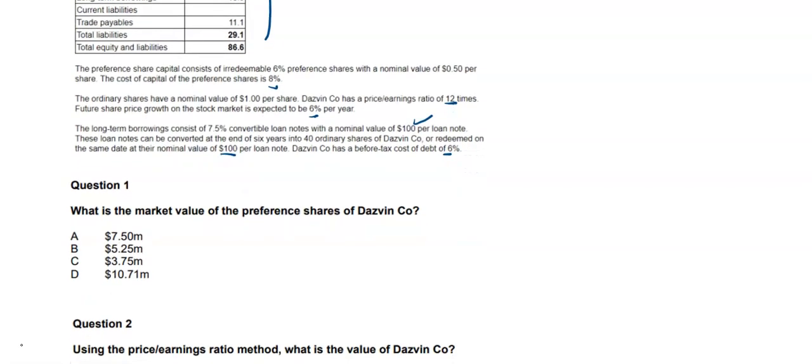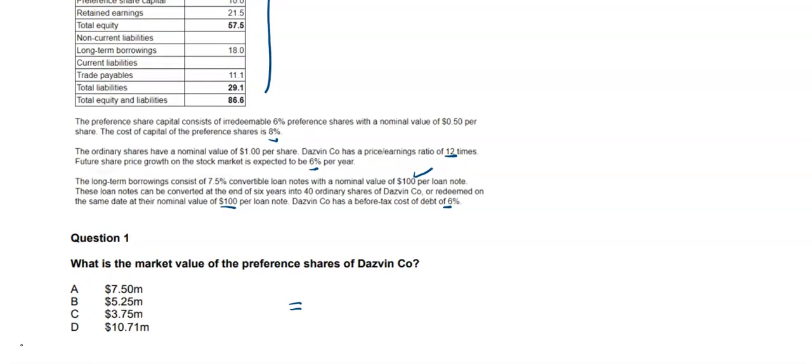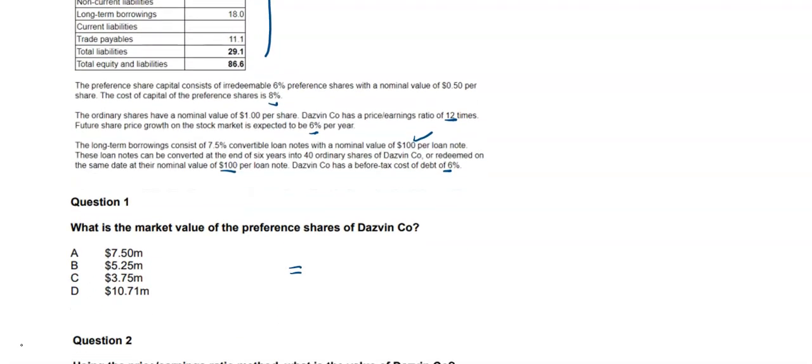So what is the market value of the preference shares? The preference share is 6% and the par value is 0.5. So 6% of 0.5 is 0.03.